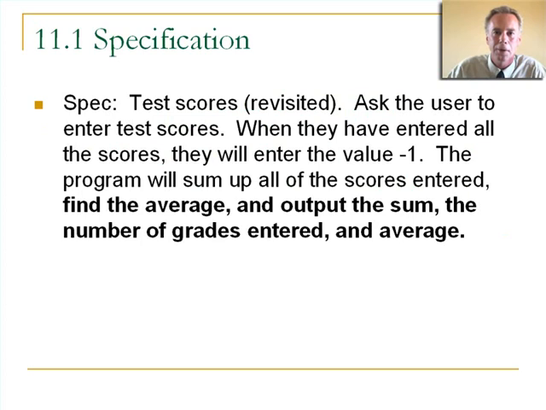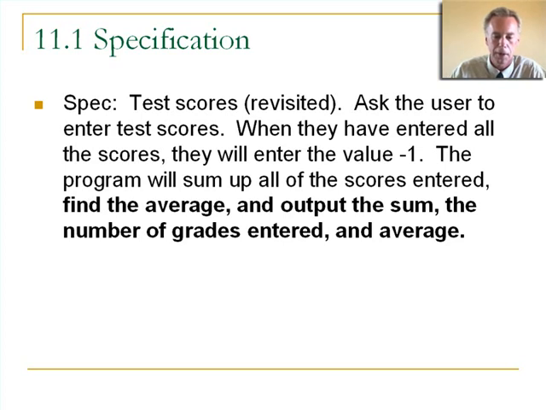Let's look at the first spec. You'll recognize it from a couple of segments ago, and we've added something to it. So in this spec, we ask the user to enter some test scores, and when they've entered all of the scores, enter -1. So far this is the same as the last time we solved this problem.